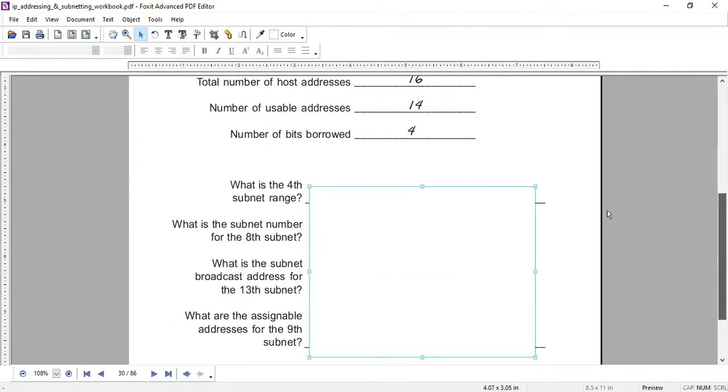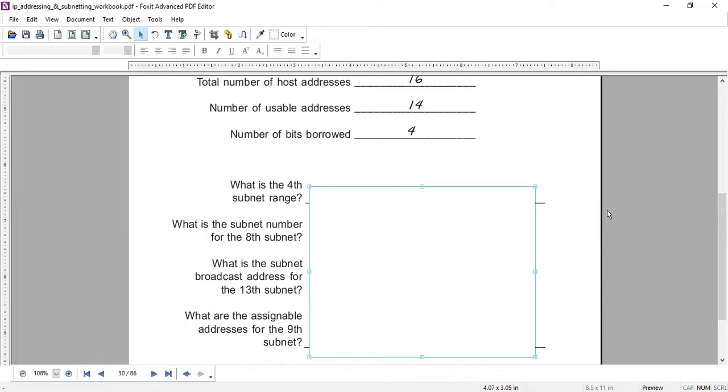Yes. Okay. Now find out the fourth subnet range, that is the range starting with the network address and ending with the broadcast address. What is the subnet number for the 8th subnet? That is the network address of the 8th subnet. Then what is the subnet broadcast address for the 13th subnet?